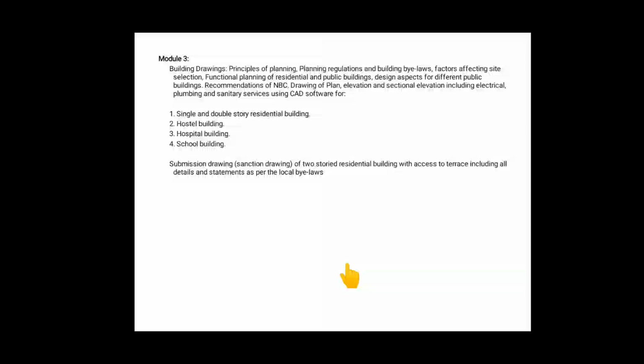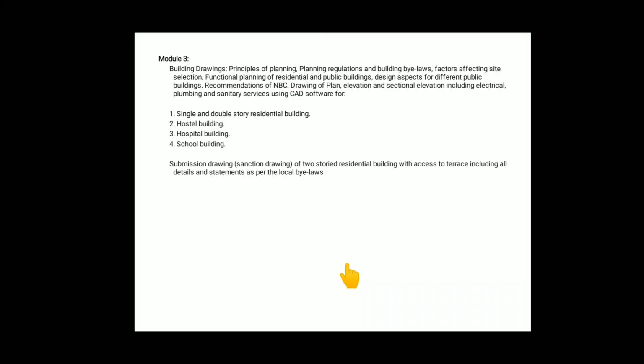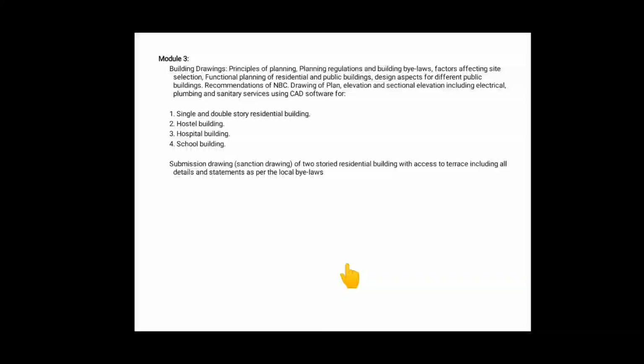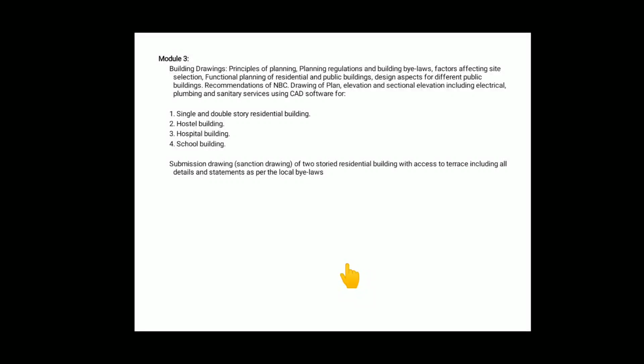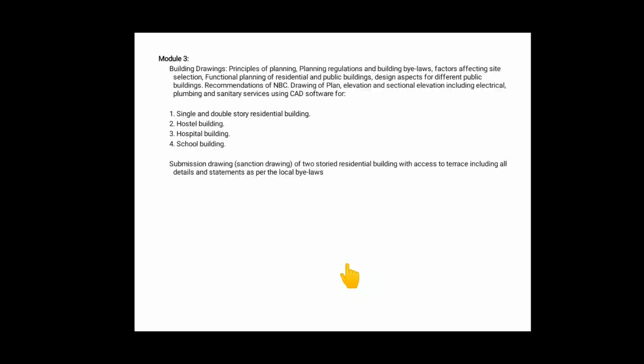Drawing of a plan, elevation and sectional view, including electrical, plumbing and sanitary services using AutoCAD software. You are going to do 4 types of buildings here: a single and a double story residential building, a hostel building, a hospital building and a school building.